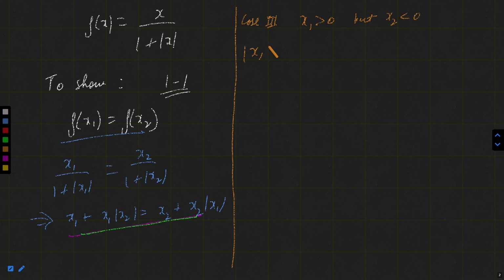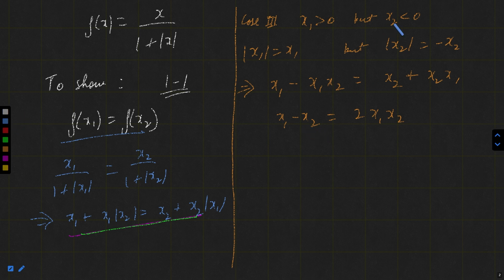Then mod x1 will be just x1, but mod x2 will be minus x2. Now what will be my equation? It will be x1 minus x1 x2 equals x2 plus x2 x1. Now just solve: x1 minus x2 equals 2 times x1 x2.